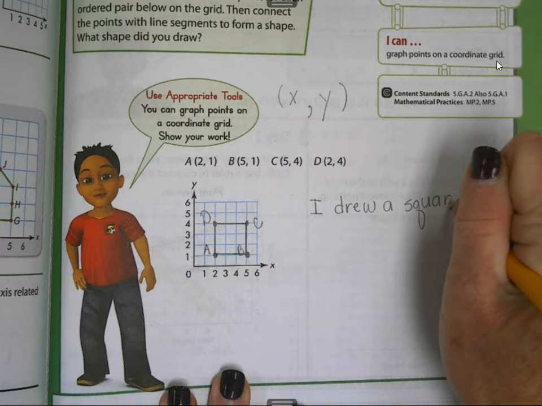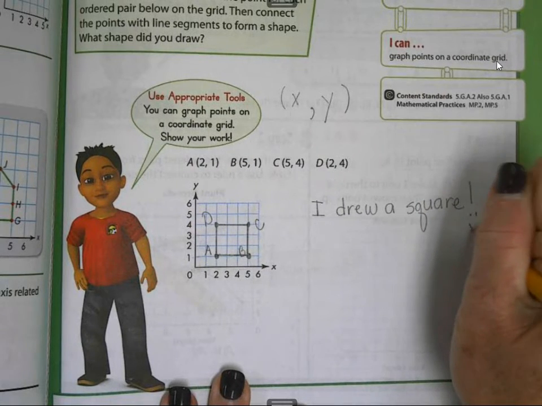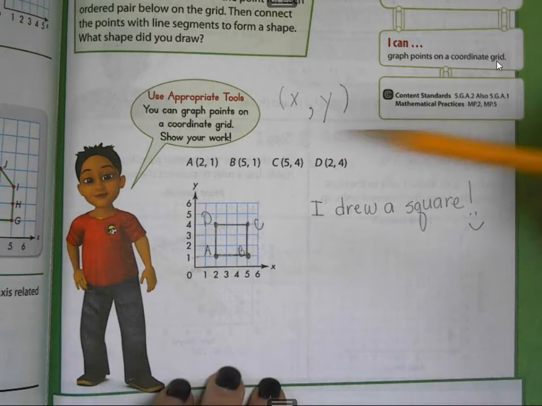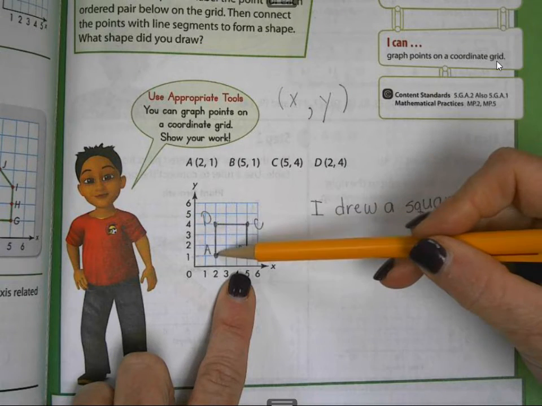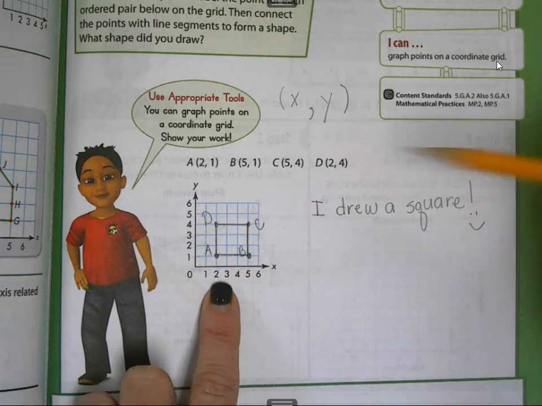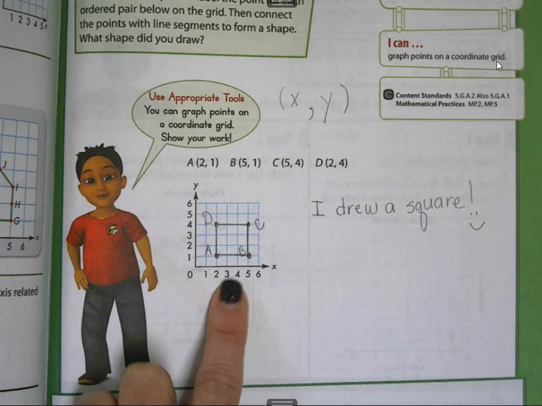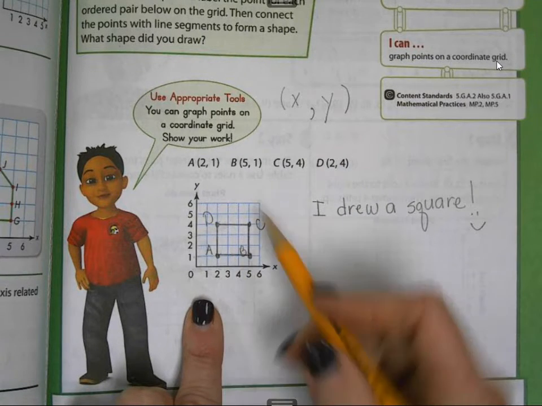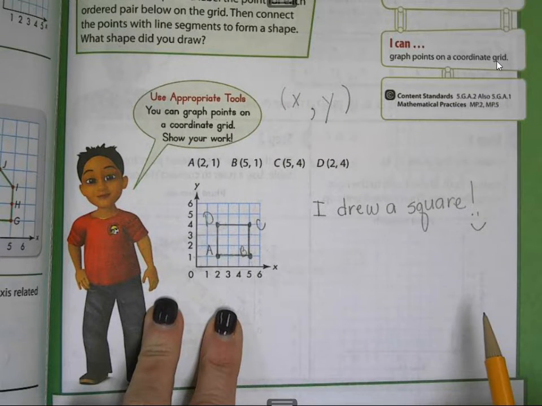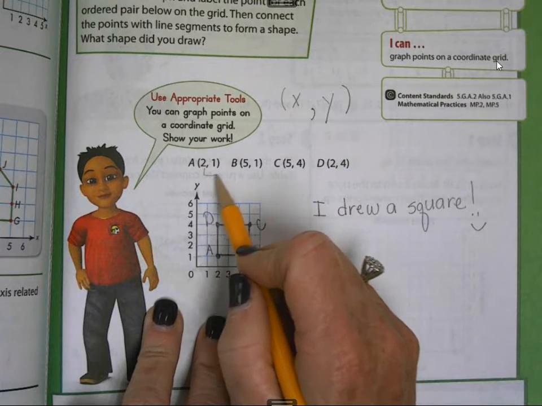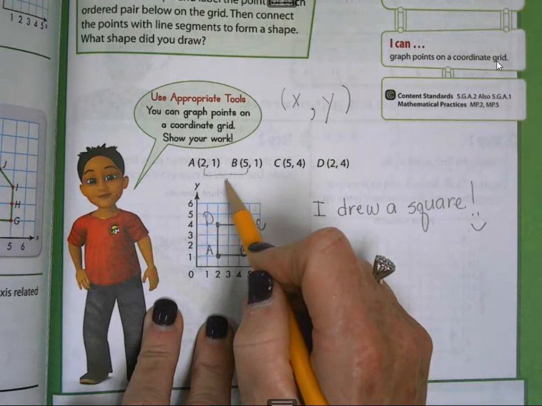I know it's a square because I have equivalent lines. All four opposite lines are all the same length, meaning they're all 3 units long. Check them. 3 units. One thing I can look at is from the 2 to a 5, that's 3 units.